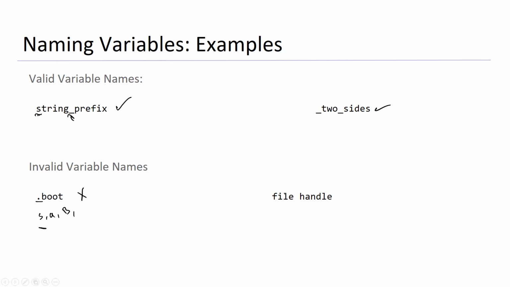This is also not a valid variable name because you cannot have spaces in the middle. So your variable name is a single word. Now each one of these can be considered individually as a variable name. If I have a variable name called file, and that's assigned something, that's okay.